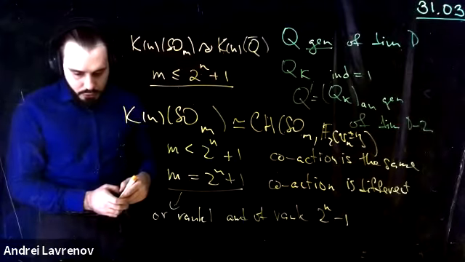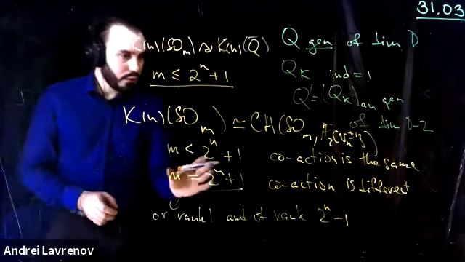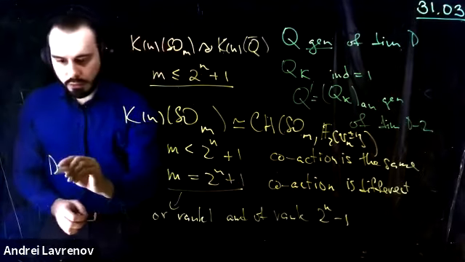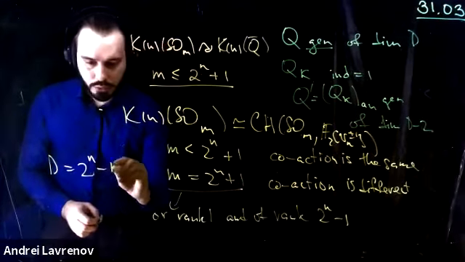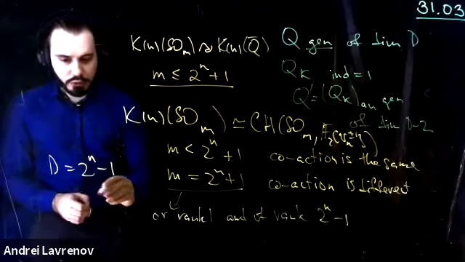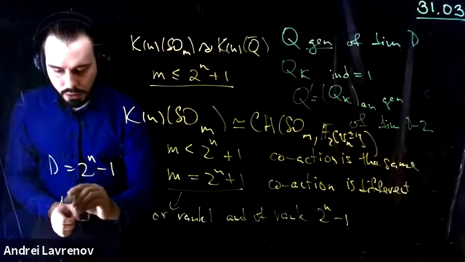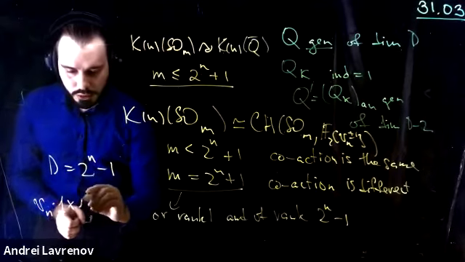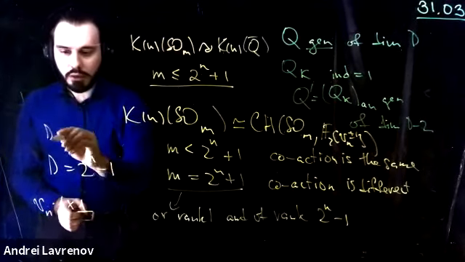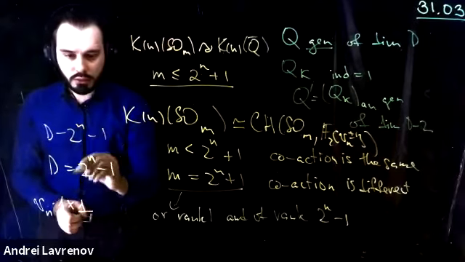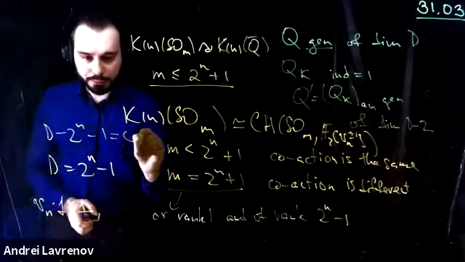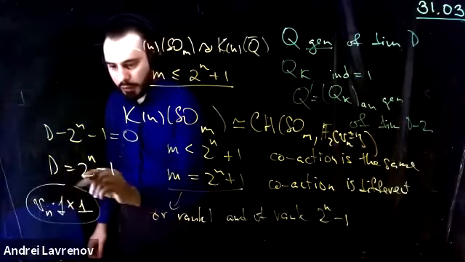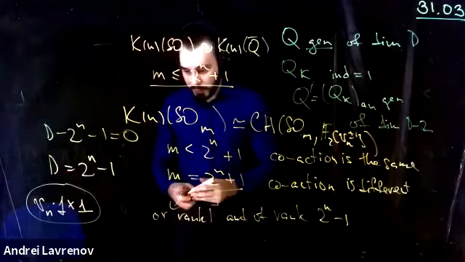And we can also observe that d equal to 2n minus 1 exactly corresponds to the case where we have just one projector, 1 times 1. So we had there something like this, and here it is 0. So this is exactly 1/8, and the rest is decomposable.